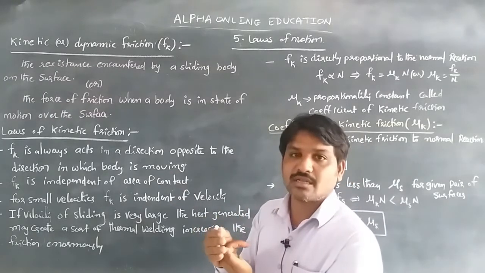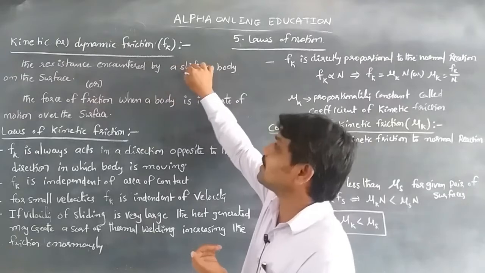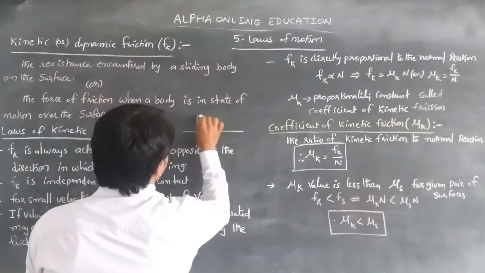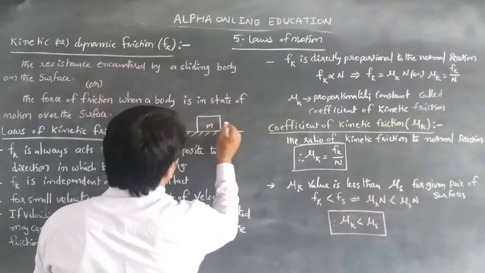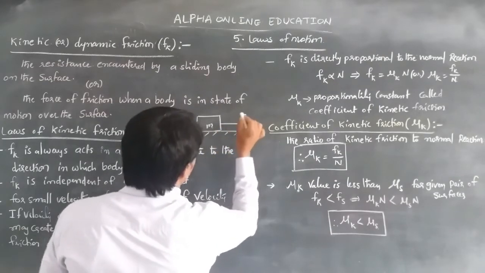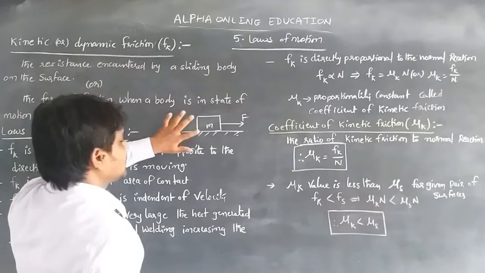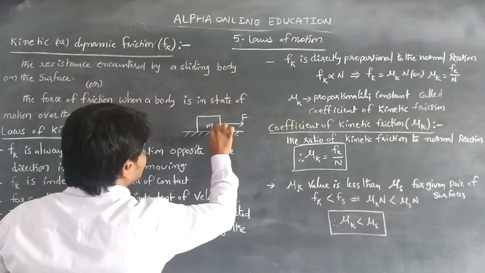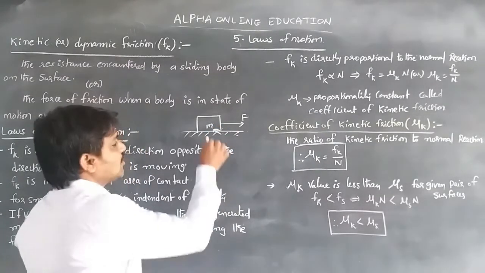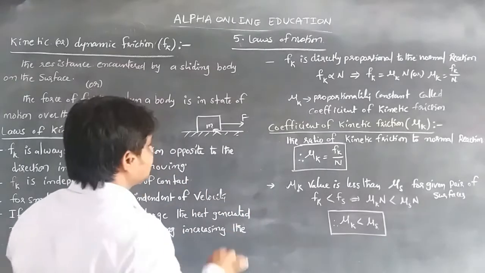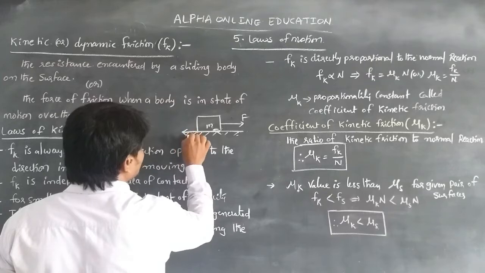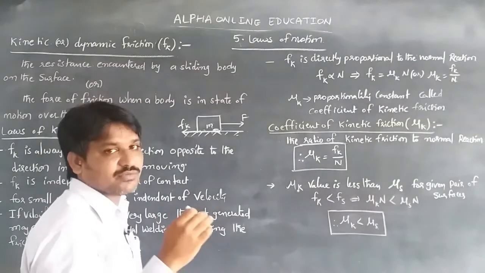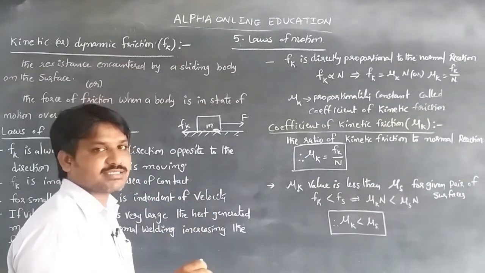For example, if the body is moving in this direction, this is the surface and the mass of the body, and the force is acting in this direction so that the body slides on the surface, then the opposite force, the resistance offered by the surface on the sliding body, acting tangentially between the two surfaces and opposing the motion of the body, is called kinetic friction.